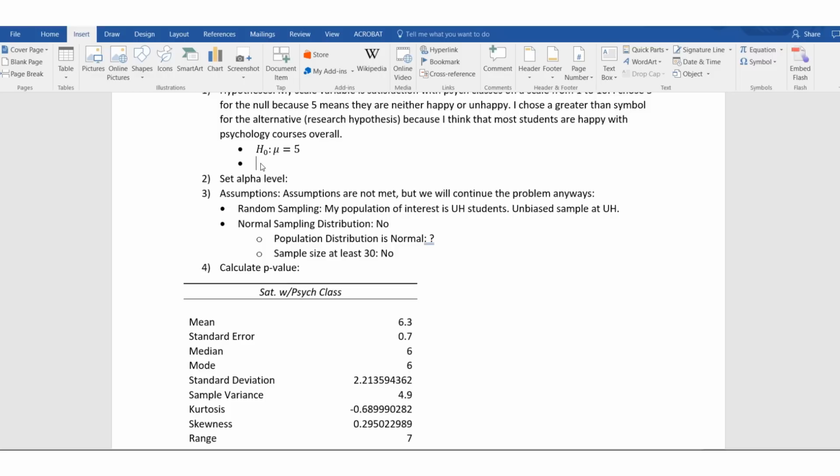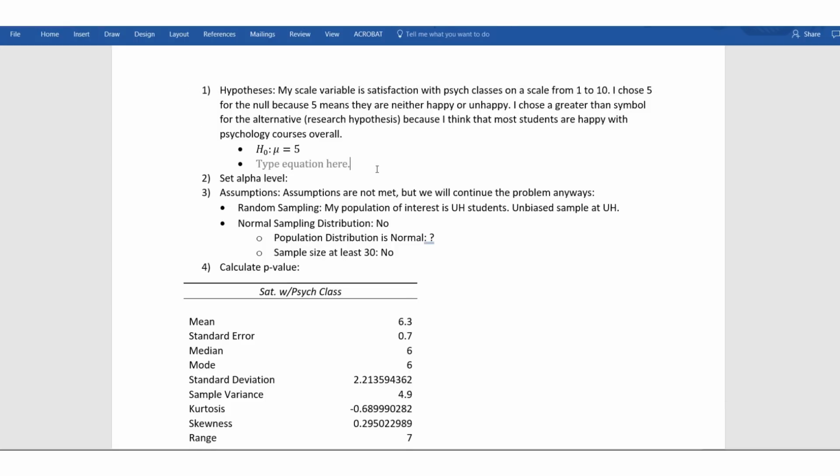So I'm using the equation editor. So you can go to insert equation here. Just click here. Or a shortcut is to press Alt equals. And now I'm going to type my research hypothesis. So H, and then I'm going to do _1.